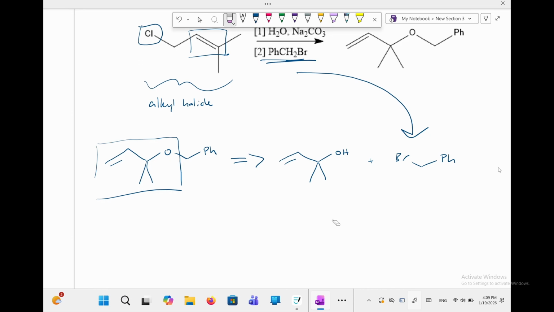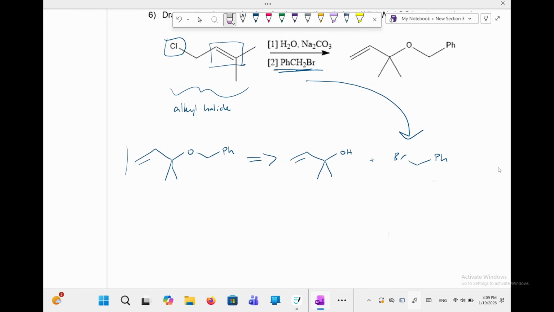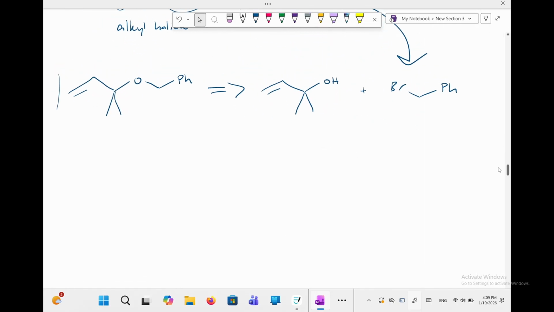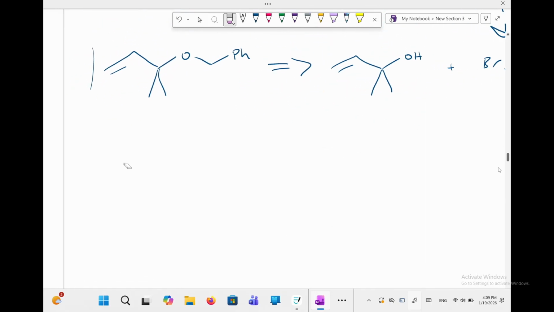So if I were to break this down into two components, I should be seeing this in my synthesis. Okay. So going into the forward direction, how does that look?